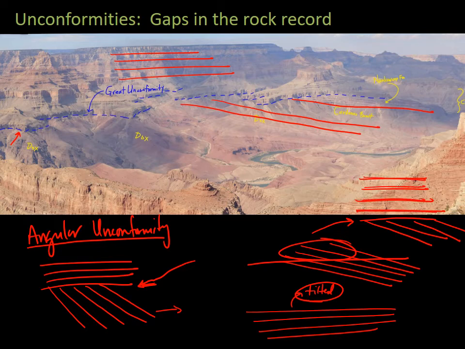Anytime you see tilted sedimentary rocks overlain by flat-lying sedimentary rocks, a lot of time had to pass in order to tilt those ones on the bottom and erode them flat before the new ones on top could be deposited. So that's an angular unconformity.